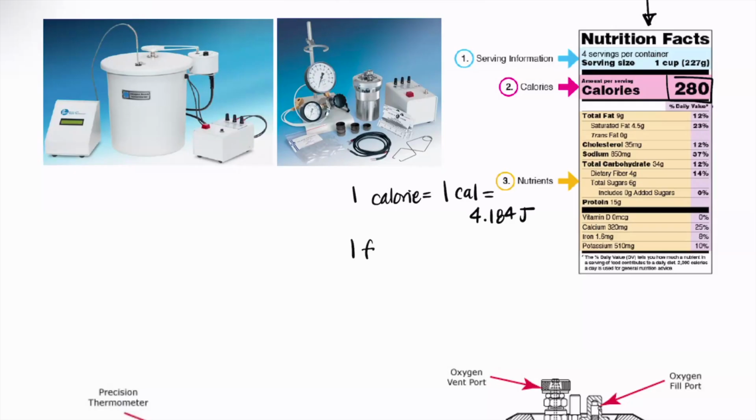And 1 food calorie, which is what's on a nutrition label, is equal to 1 kilocalorie, it turns out.